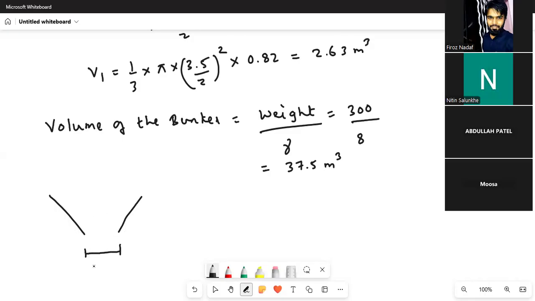The dimension of the opening we will assume 0.5 meter, the same as we assumed in the previous problem. And the top portion is 3.5 meter, and the angle of the hopper bottom is 45 degree.